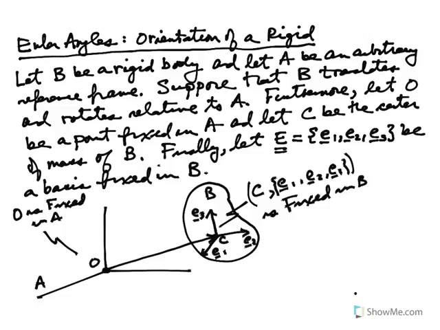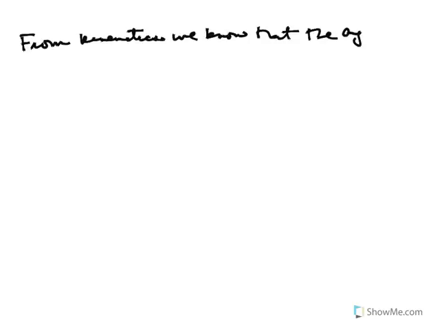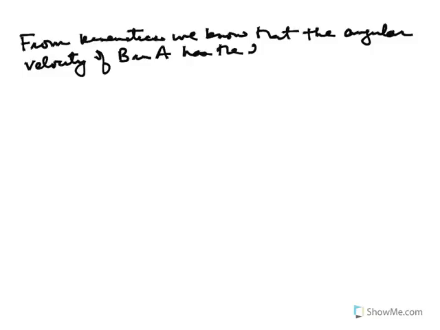Now, from kinematics, we know that the angular velocity of B in A has the form.